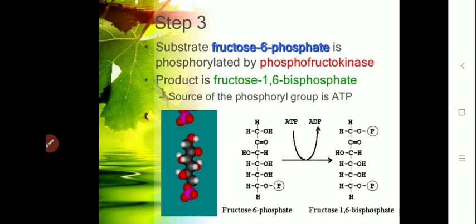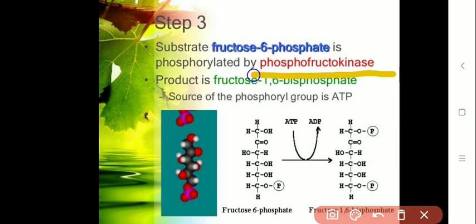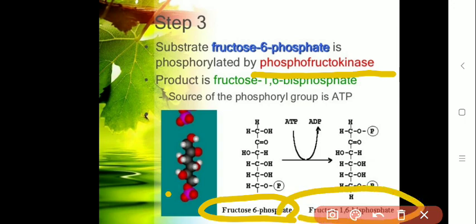Here step 3 is also an irreversible reaction, catalyzed with the help of the enzyme phosphofructokinase. Step 3 is only the conversion of fructose 6 phosphate into fructose 1,6 bisphosphate.